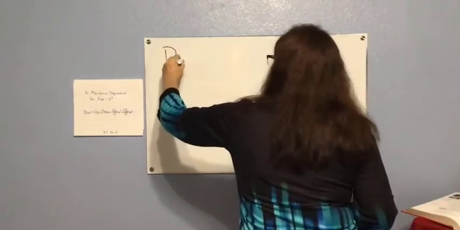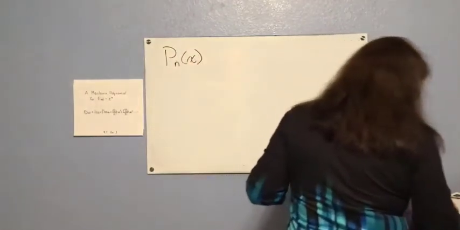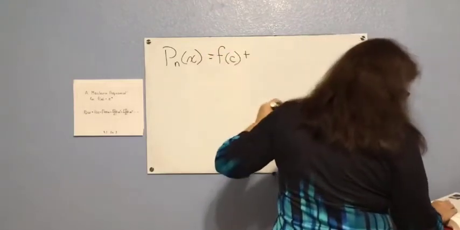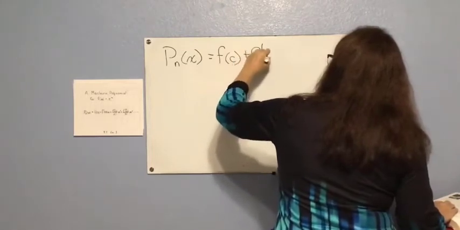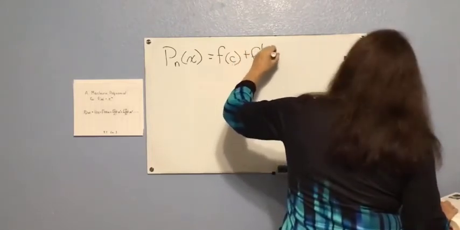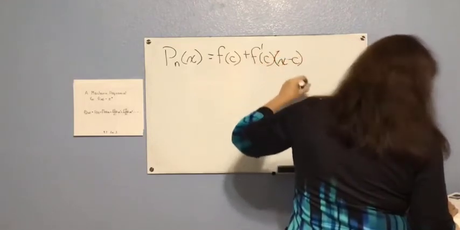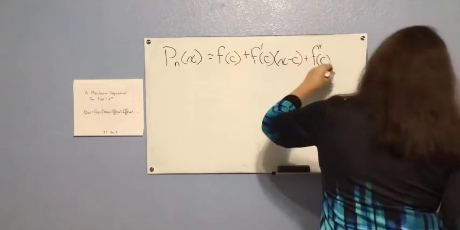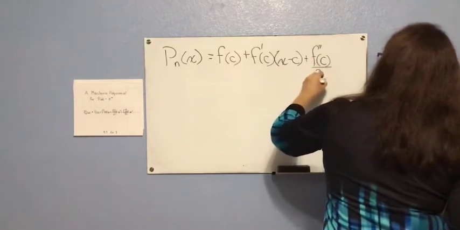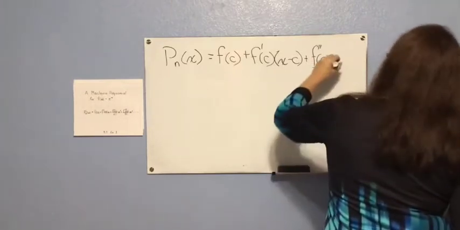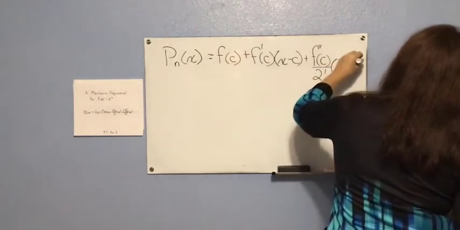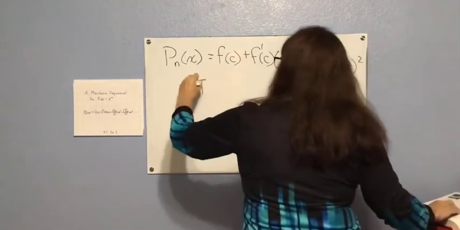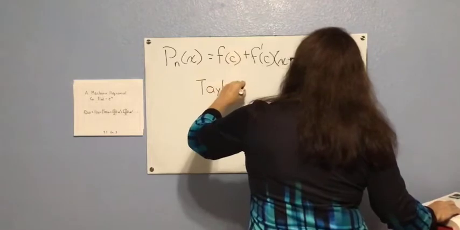When I have this form, we call this a Taylor polynomial.